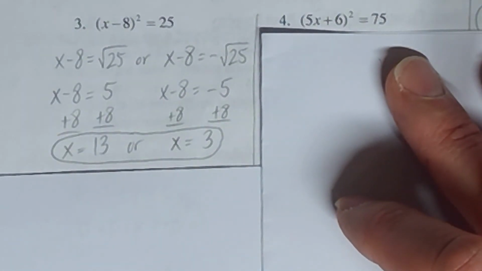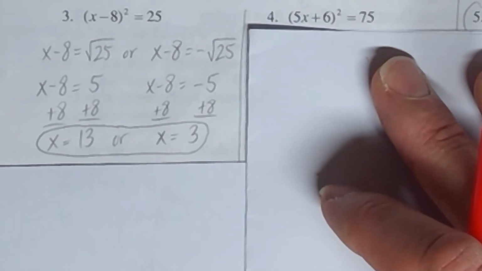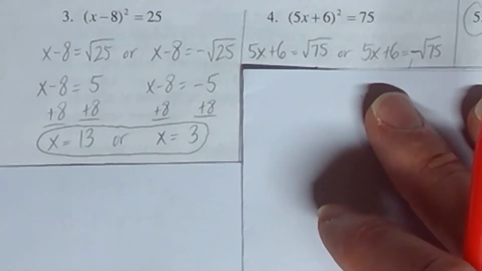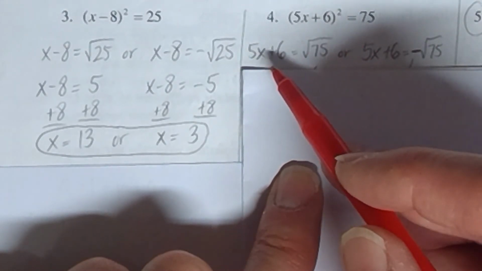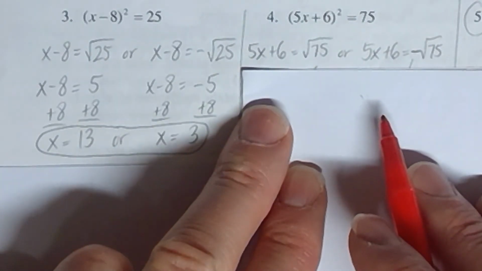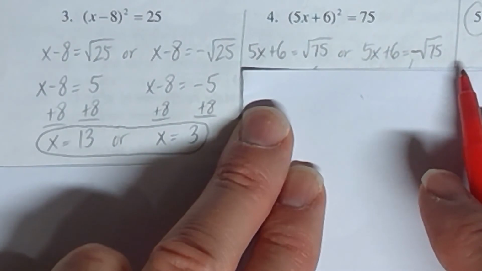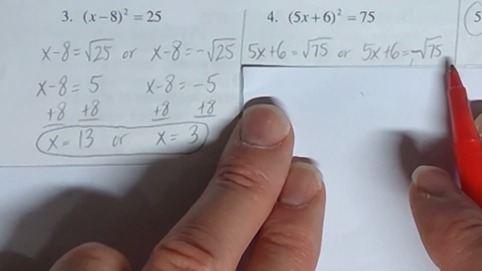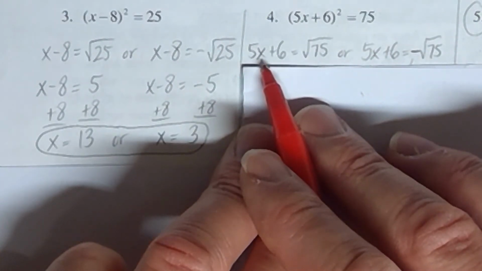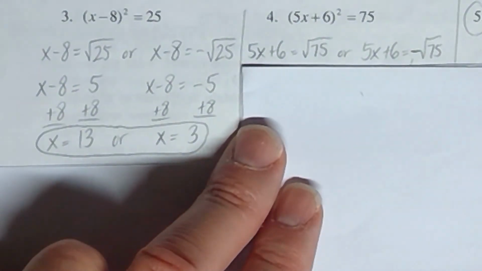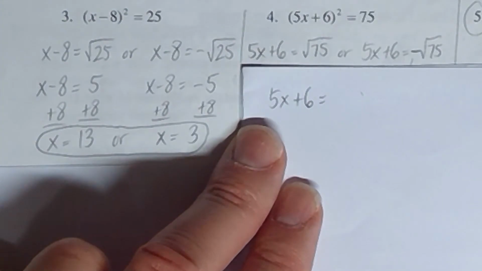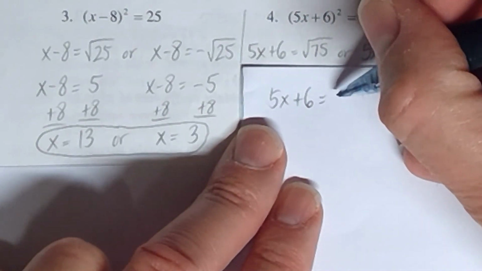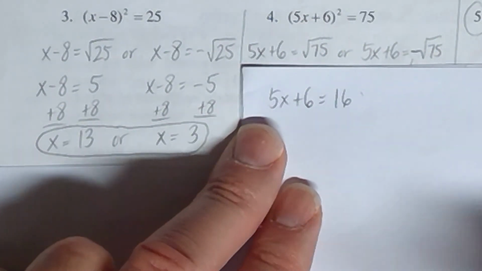Okay, number 4. Again, the bracket squared becomes just a bracket, just like we talked about in the last few problems here. We got the 2 square roots. I am now going to get the x by itself by realizing that this is no different than if you had 5x plus 6 equal to, just make up a random number, 16.